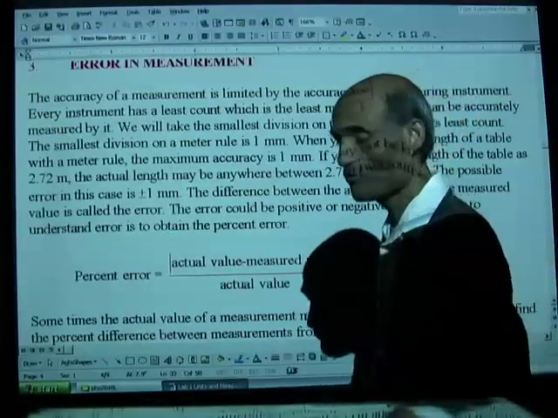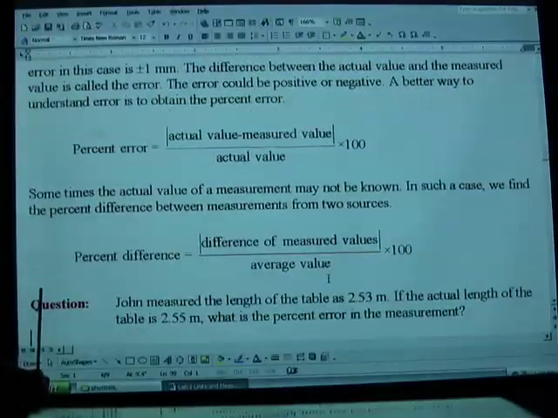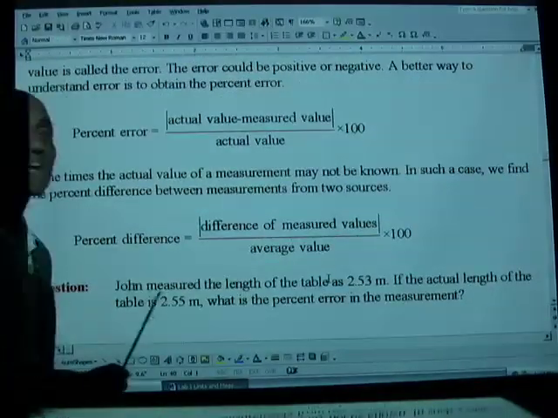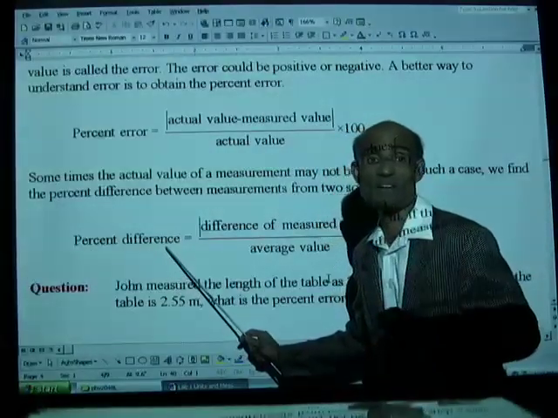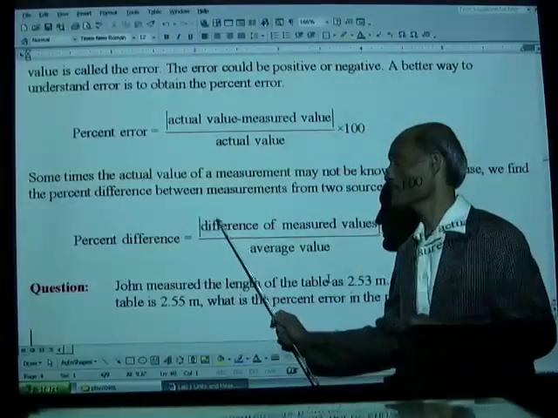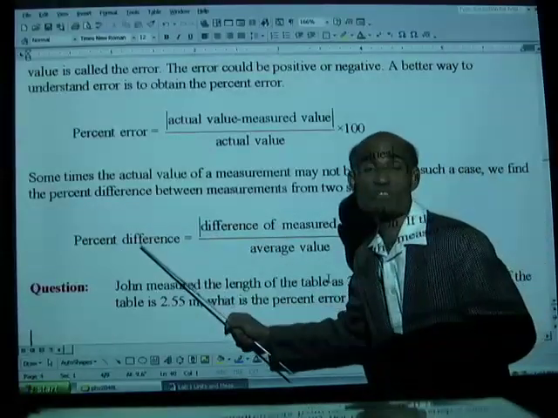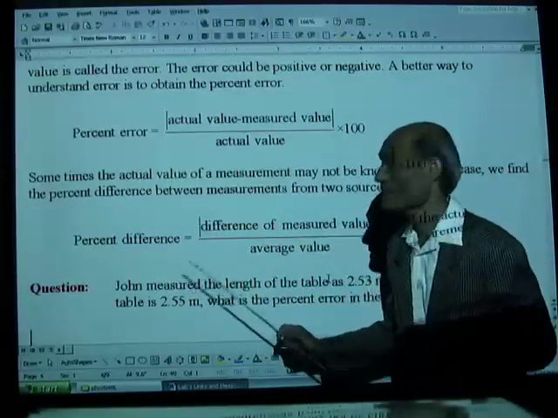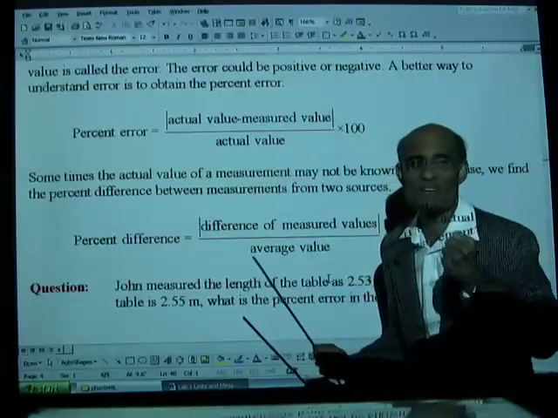Well, you can only calculate the difference between a measured value and a value that is supposed to be. And therefore, let's also look at the meaning of percent difference. How do you calculate the percent difference between two values? And this is the definition. Absolute value of, again, percent difference is a positive quantity, the difference of two measured values.